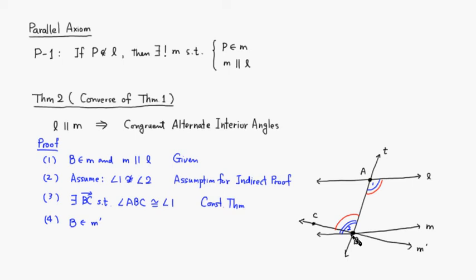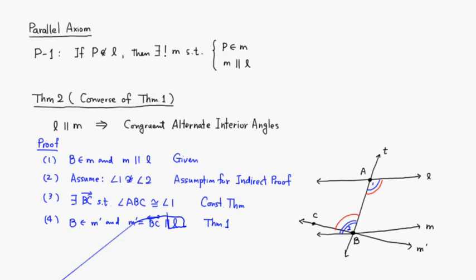So M prime passes through point B, and M prime, which is line BC, is actually parallel to line L, because they have congruent alternate interior angles by theorem 1. So theorem 1 tells you that they are parallel, right? Then this is actually a contradiction.